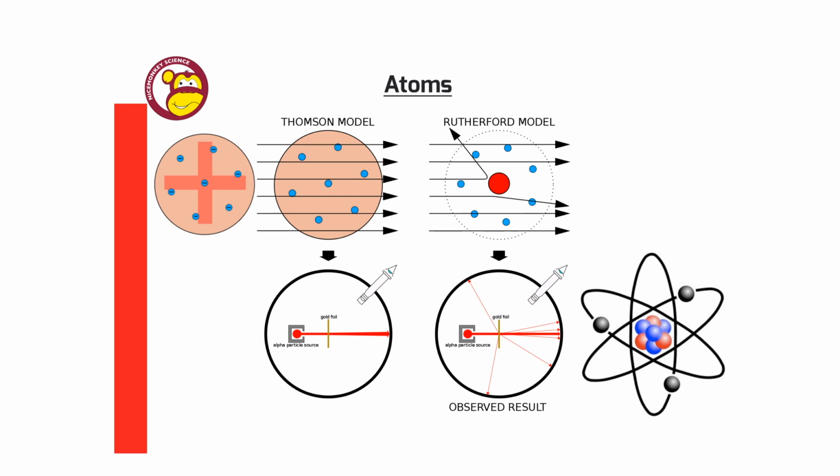This model came about because of the scattering of the alpha particles, and they seem to suggest that there was a central positive area in the atoms. So it was determined, instead of the positive charge being distributed throughout the whole of the atom, that it was concentrated in a central area that we've come to call the nucleus.